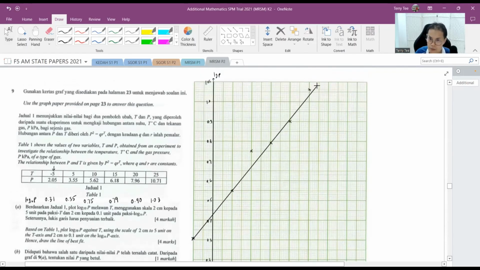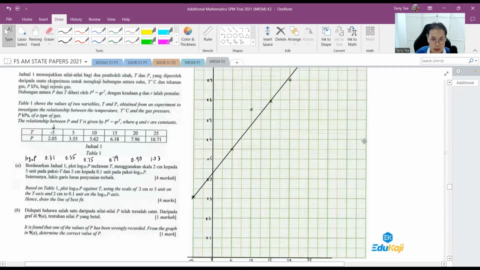One should be slightly above, one should be slightly below. See that? So almost all the points are on the line of best fit, except for the last two. This is slightly above, this is slightly below. And this point definitely is out. This would be a wrong point that's wrongly plotted. Okay, I think this is okay, right?